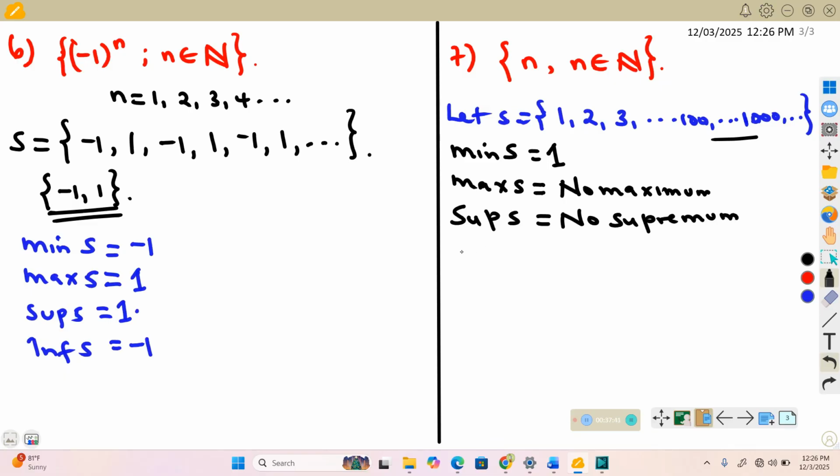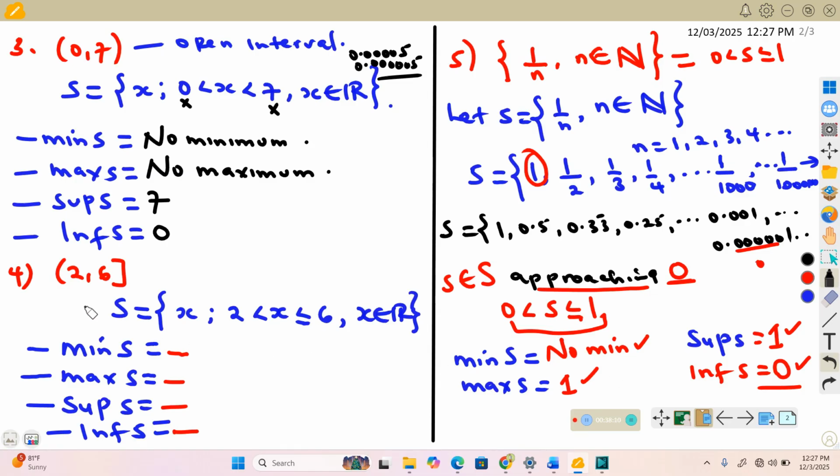Okay, so let us talk about the infimum. Do we have the infimum? Of course, since the minimum already exists, then the infimum will also exist, and that will be 1. So that is all about our first question. And please don't forget to put your answers for question number 4 about the set here, which is 2 and 6.